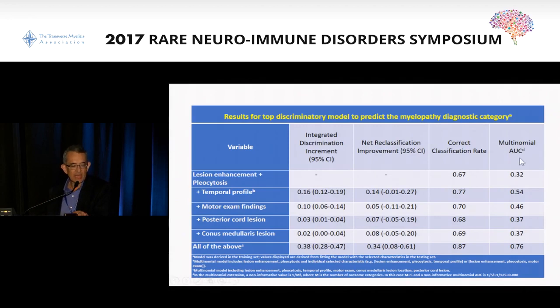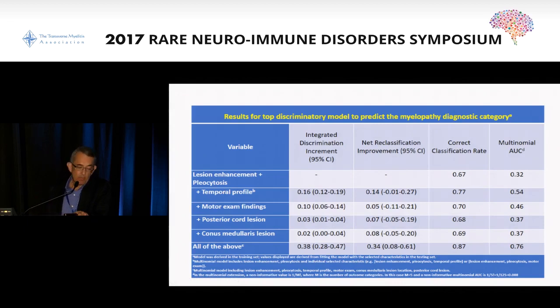But as you can see here, the area under the curve, which is basically our measure of how good the prediction is, is very low. In other words, this number is telling us that our ability to diagnose an inflammatory myelopathy only with lesion enhancement and pleocytosis is not very good, okay?